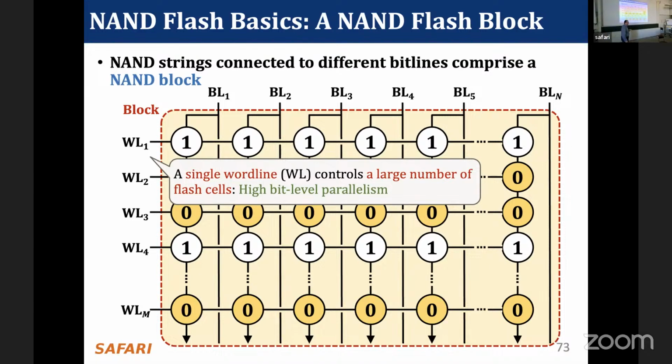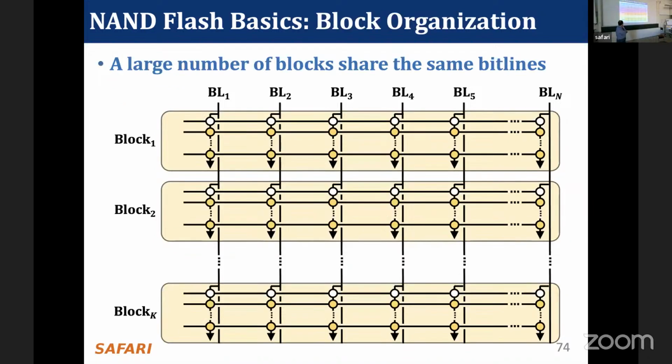But it's also possible to store a higher number of bits in each flash cell by controlling that threshold window more accurately. With that, you can store 2, 3, or 4 pages in a word line. And a large number of blocks that share the same bit lines, as you can see from this figure, we consider a plane.